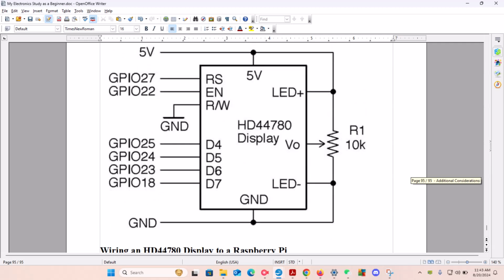To look at this more in terms of its schematic, what we're seeing is 5 volts going in. Okay, we have different general purpose input output.